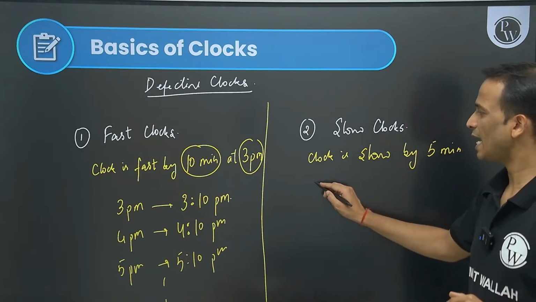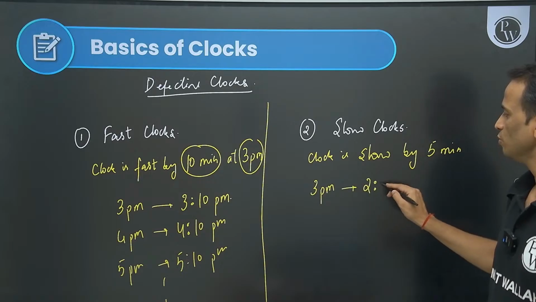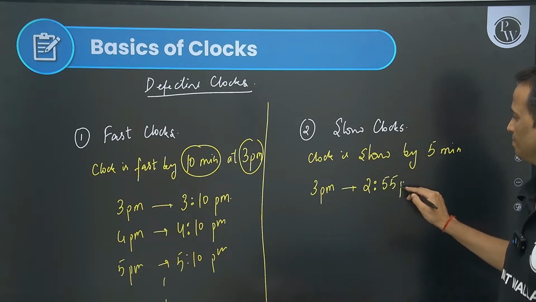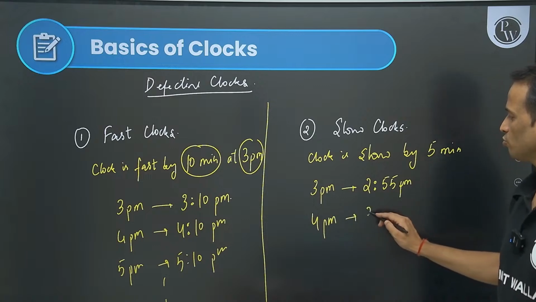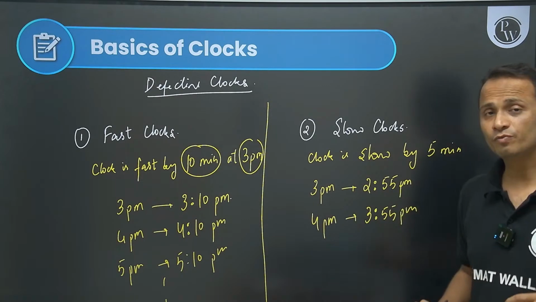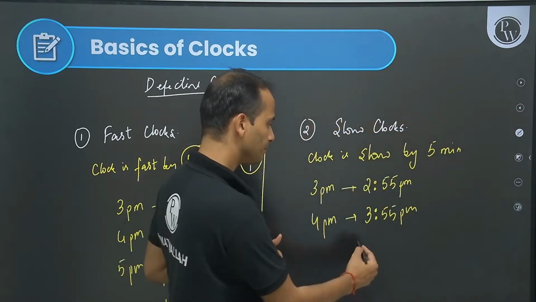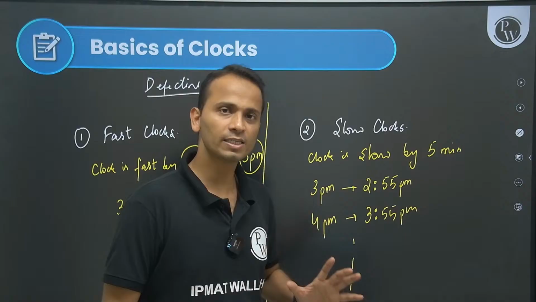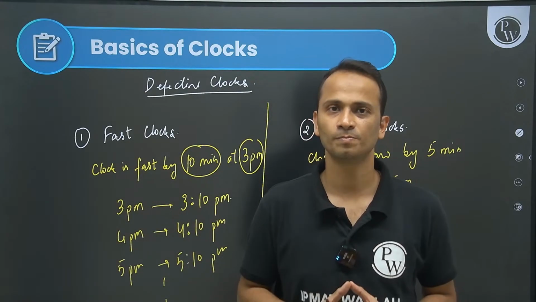So that means at 3 p.m. it will show 2:55 p.m. At 4 p.m. it will show 3:55 p.m. right? So it will keep on showing the time which is 5 minutes behind the correct time, okay, and so on. So this is the meaning of the clocks which are fast and the clocks which are slow.